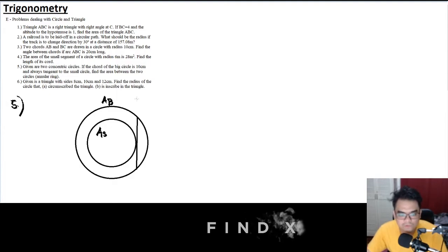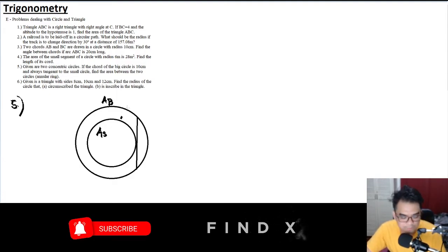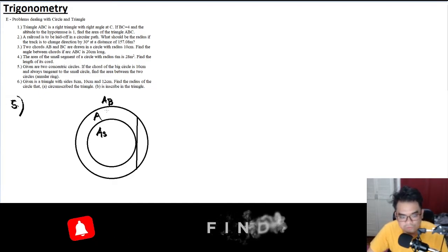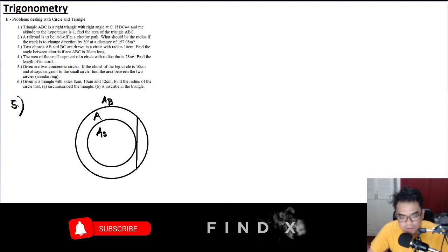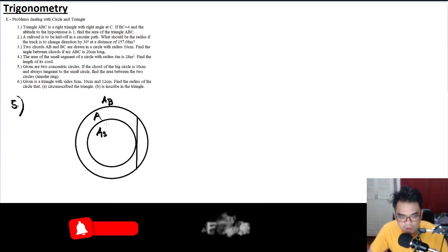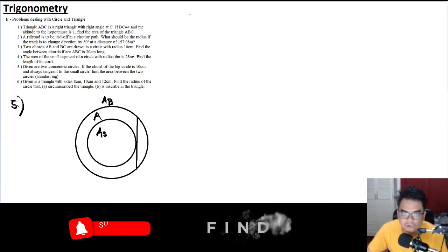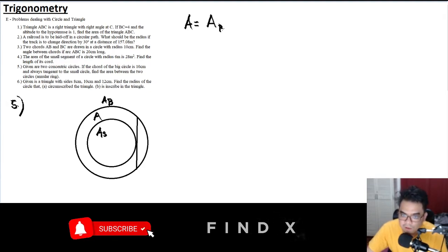If you want to find this area, let's just call it A, all you have to do is take the difference of the area of the big circle and the area of the small circle. So A must be equal to the area of the big circle minus the area of the small circle.